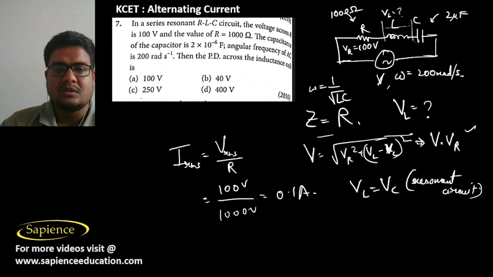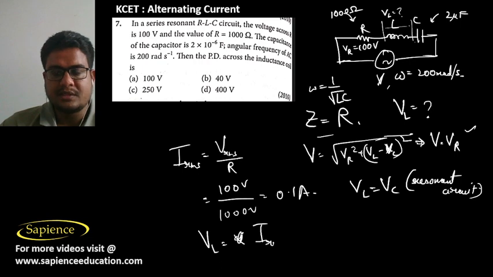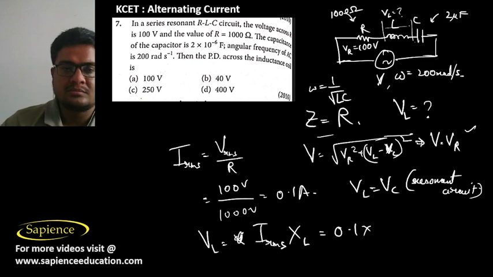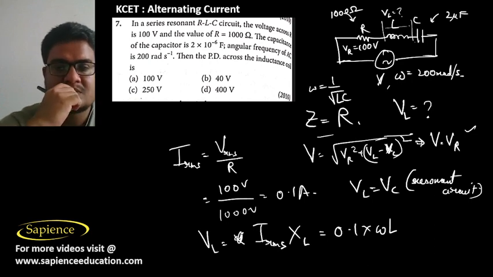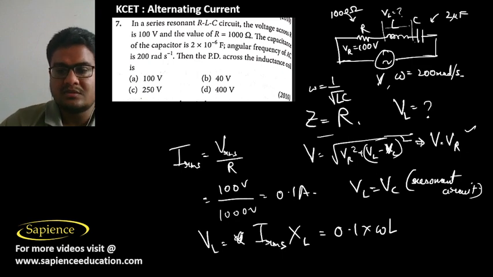Now the potential difference across the inductor, VL, will be equal to IRMS into XL. IRMS is 0.1 ampere into XL, and XL is omega into L. That is also the same as VC, which is equal to IRMS into XC.